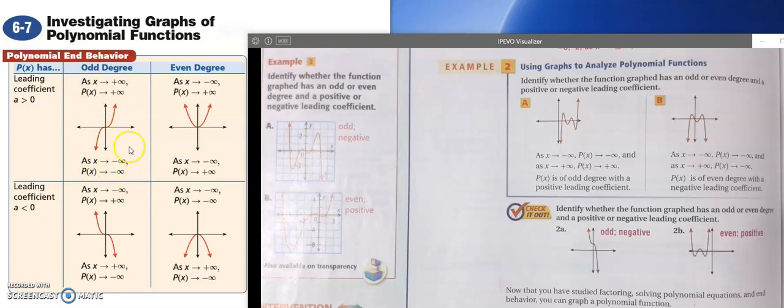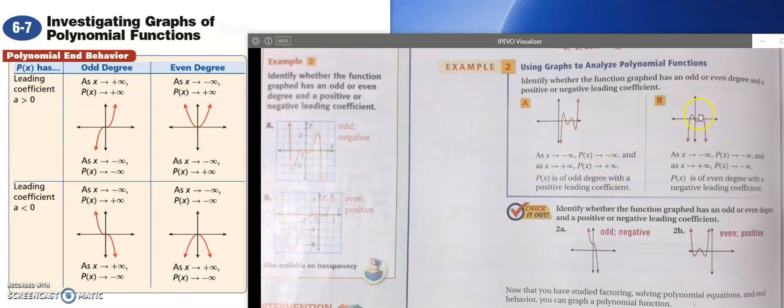So it matches this end behavior here. See it? So therefore, what do I know about my polynomial? It has an odd degree with a positive leading coefficient. My leading coefficient is greater than 0. So you'd say it has an odd degree with a positive leading coefficient. And that's your answer.